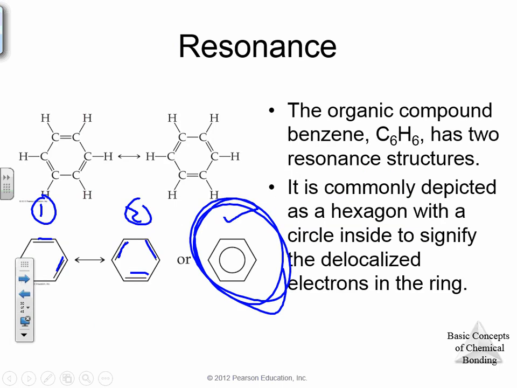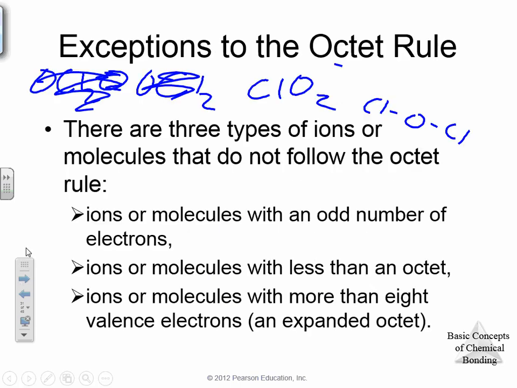When we talk about resonance from an organic molecule standpoint, you can see benzene. Benzene is C6H6. Benzene has 3 double bonds in its hexagonal structure. So you can see we have one here, and one, and one right there. I can't get the marker on it.